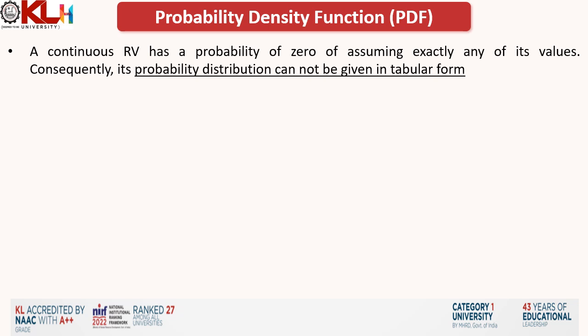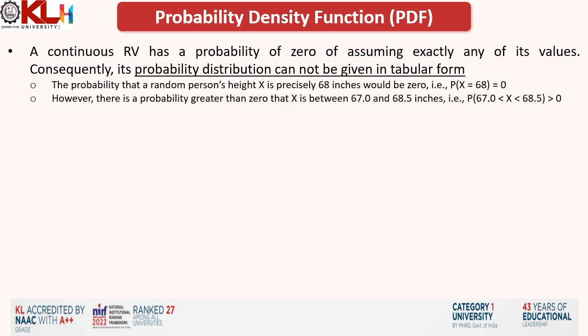Coming to the probability distribution function, or what we call PMF for discrete random variables, the difference between continuous and discrete random variable is that the probability of x is equal to some constant is going to be 0 for the continuous case. So if you look at an example, let's say x is a random variable that takes on the value of a person's height, then the probability of x is exactly equal to, let's say, 68 inches is going to be 0.